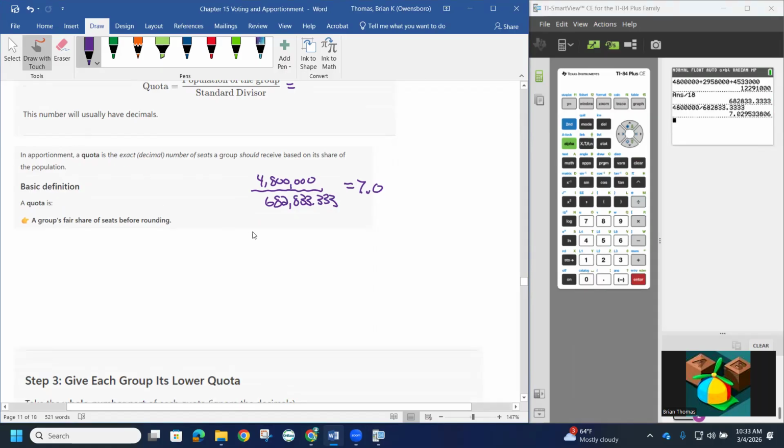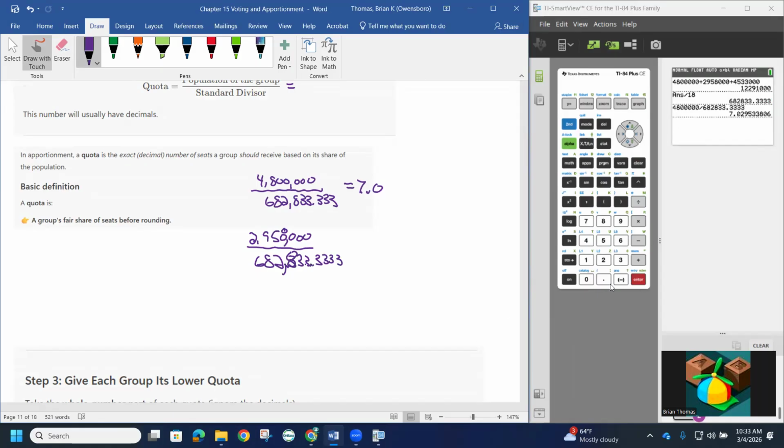So for B, we're going to have 2,958,000, and we're going to divide that by the standard divisor, 682,833.333.